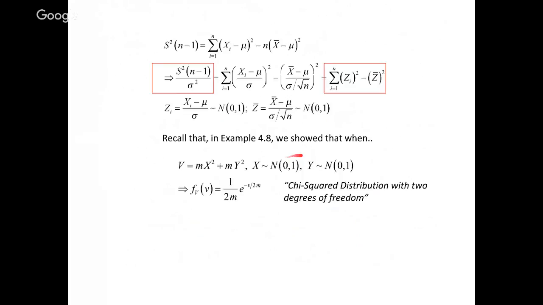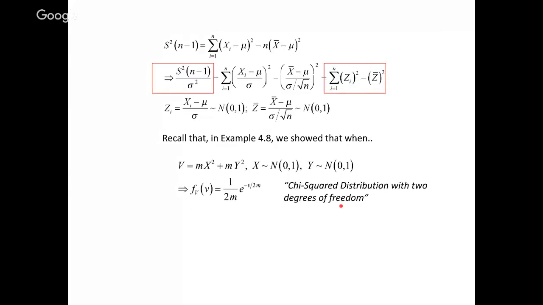And these random variables, x and y, were standard normal variates. Basically, what we showed in this example is that the derived distribution for v is what's called a chi-squared distribution with 2 degrees of freedom. You see we've got two random variables here, x and y, and we end up with a chi-squared distribution of 2 degrees of freedom.